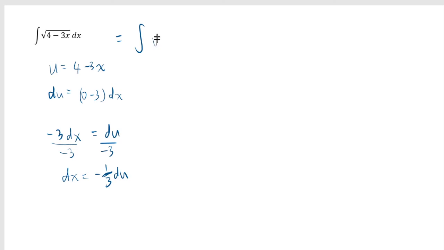Square root of u, dx is negative 1/3 du, and you rewrite square root of u as u to the 1/2 power. Negative 1/3 is a constant multiple, so I can bring it outside.